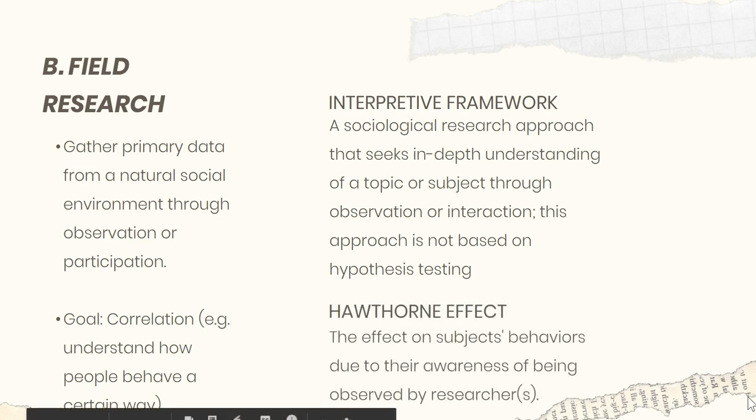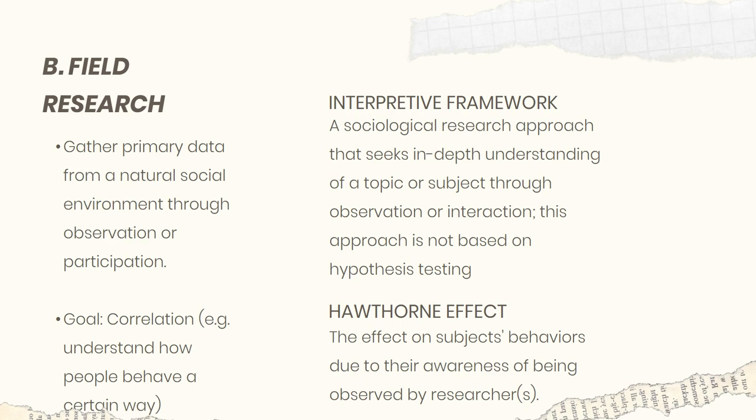Now, because in field research, scholars are interacting with their subjects and the environment in which their subjects live, there is potentially biased data that can be collected. One of the biases that can occur is called the Hawthorne Effect.